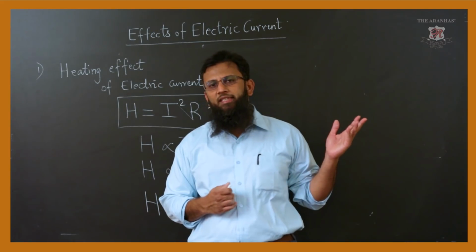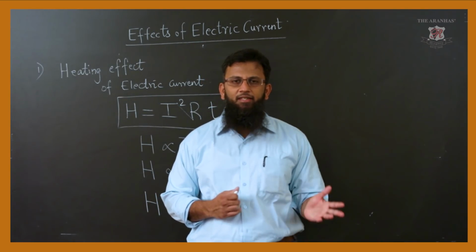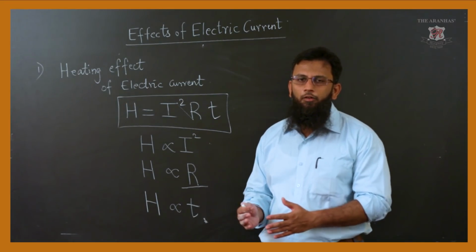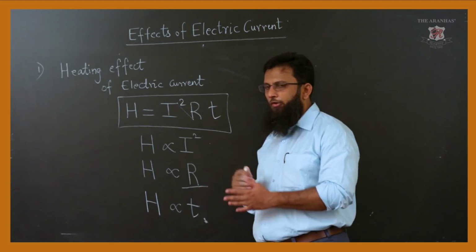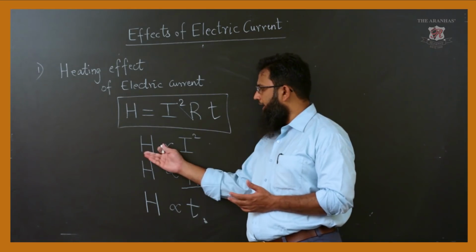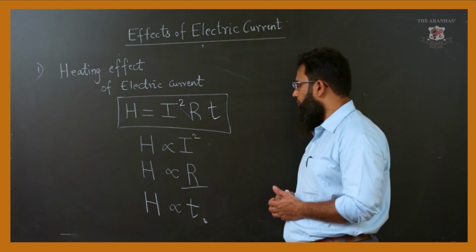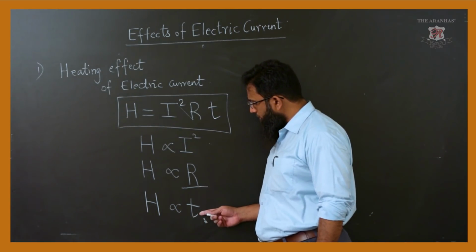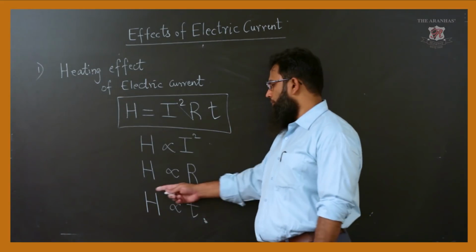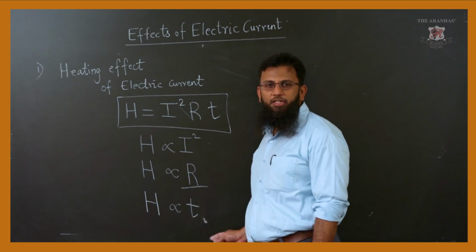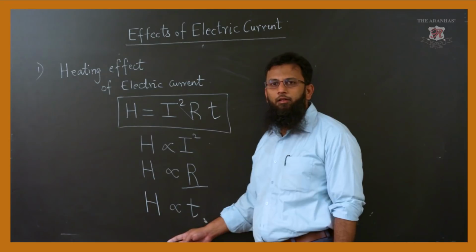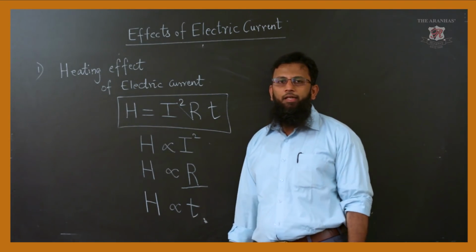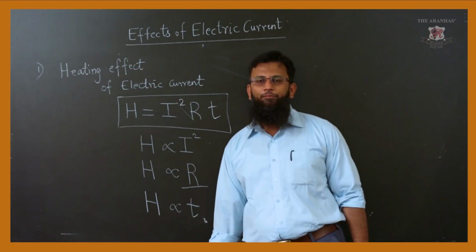If the source is AC, then we use a dimmerstat to adjust the magnitude of current, and depending on that, whatever amount of heat is to be developed can be adjusted. Question arises, time is also okay. For more time duration, more will be the heat, less time duration, less will be the heat. But the second factor which is there is most important.